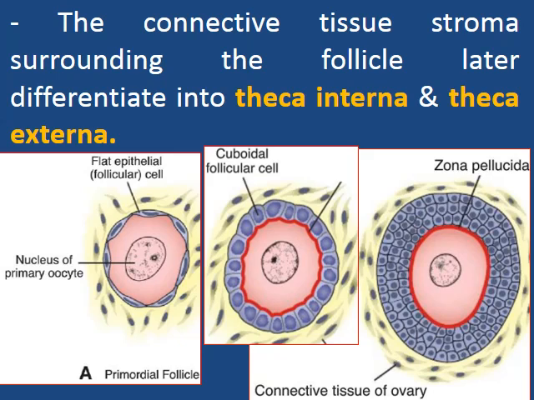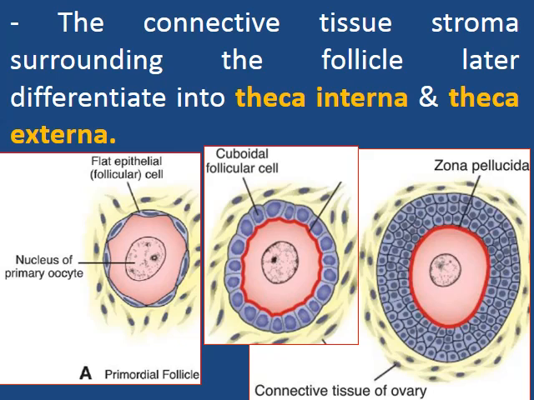In this picture, three pictures are there. From the left one, that is the primordial follicle, you can see the primary oocyte is there, and primary oocyte is surrounded by flat squamous epithelial cells, that is the follicular cells. In the next stage, these flat follicular cells become cuboidal and they divide, and this single layer of follicular cells now becomes multi-layered granulosa cells, and these granulosa cells are separated from the oocyte by the zona pellucida.